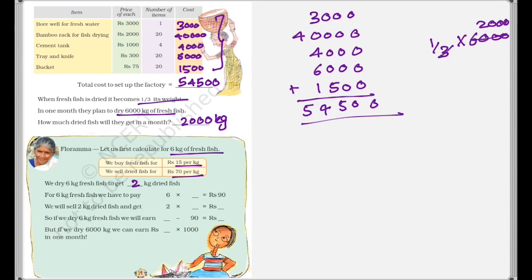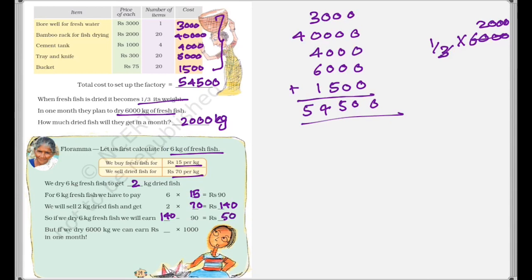For 6 kg of fresh fish we have to pay 6 into 15, which is equal to 90. We sell 2 kg of dried fish and get 2 into 70, which is equal to 140. Okay, so if we dry 6 kg fresh fish, we'll earn 140 minus 90, which is equal to rupees 50.